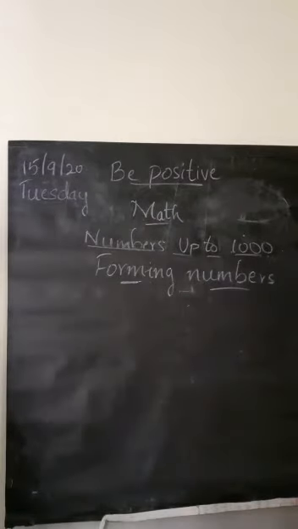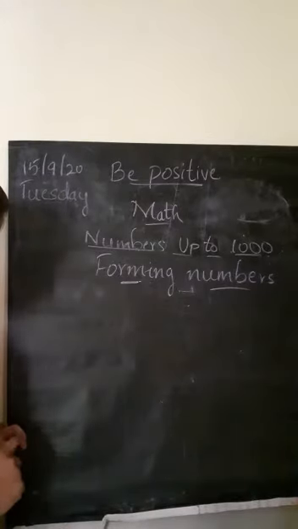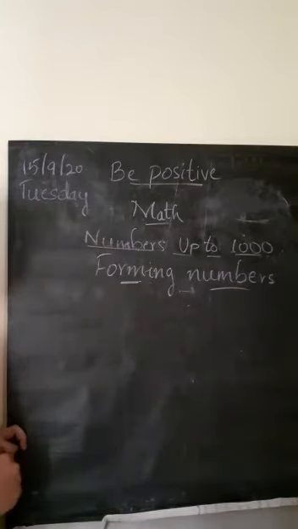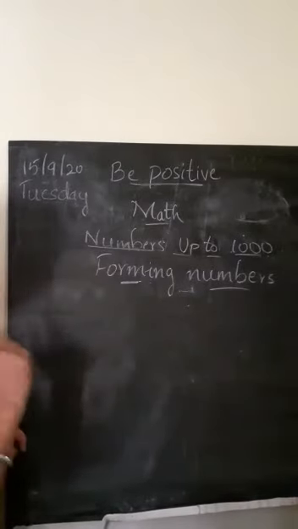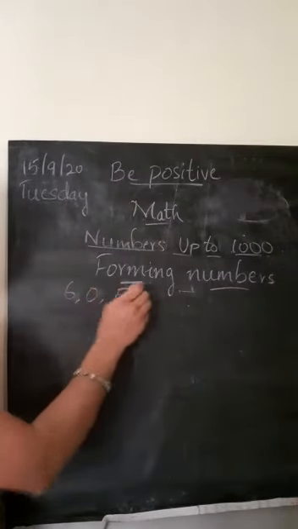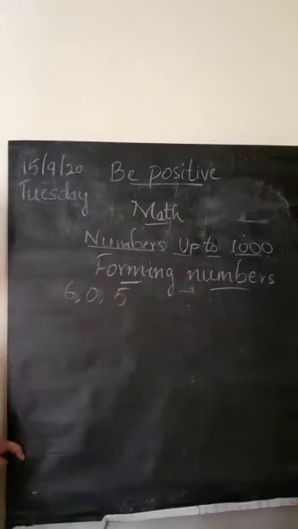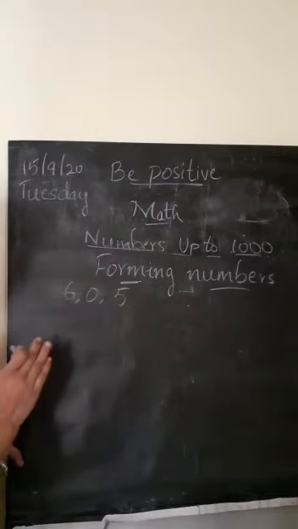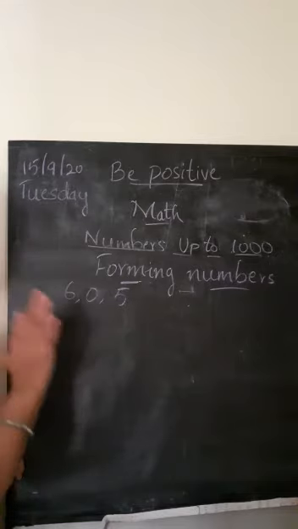Now, let us start check pointer 4.4. Form all possible 3-digit numbers using the given digits only once. It means that we should not repeat. What are the numbers? 6, 0 and 5. Using these 3 digits, we have to form the number. So how many possible ways? First it's a 3-digit number.